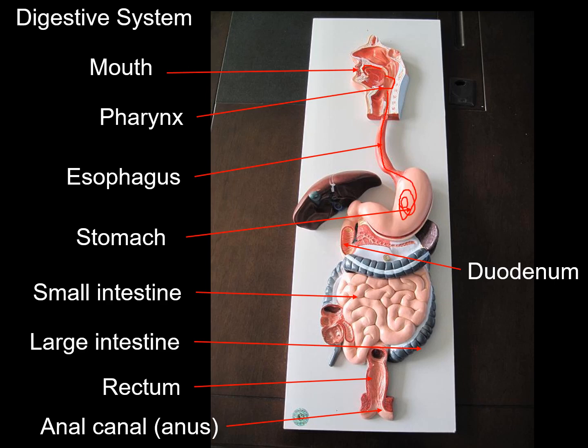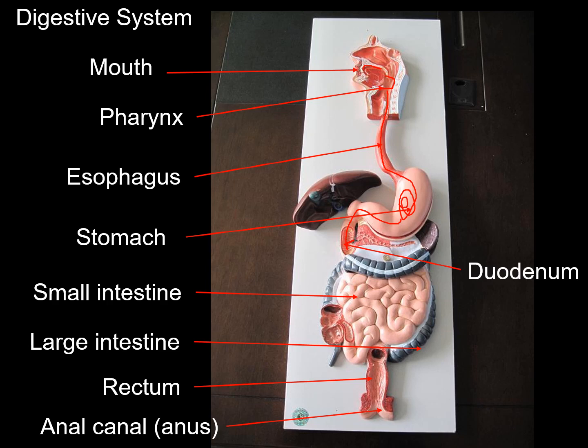The food sits in there and gets mechanically and starts to get chemically digested, and then it comes out into the duodenum, which is just this first section of the small intestine. What's important is that's where our bile and our pancreatic juices all dump in right here, and that's where we do all that chemical digestion of our food.